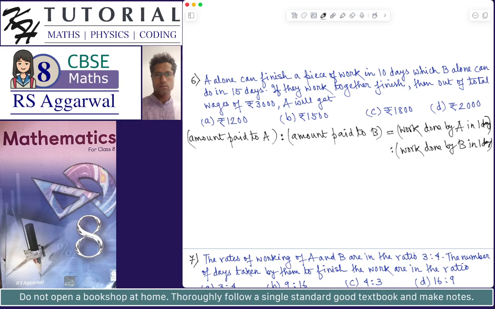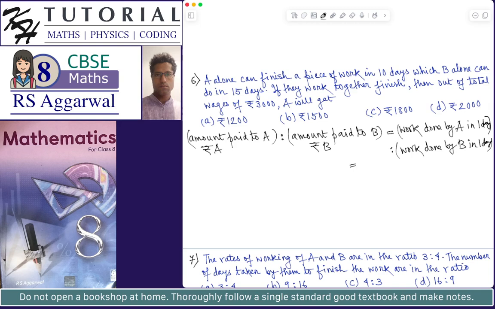So now it is given that the total payment was rupees 3000. So what will A get? Let's say we are considering the amount paid to A, rupees A, and the amount paid to B, rupees B. So rupees A is to rupees B will be equal to the work done by A in one day.